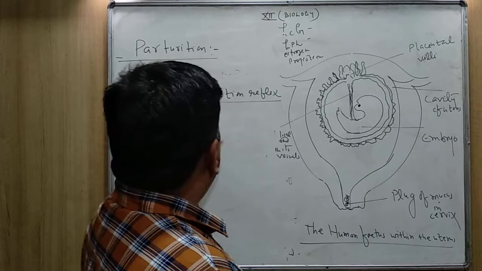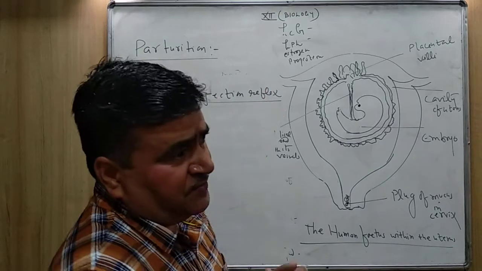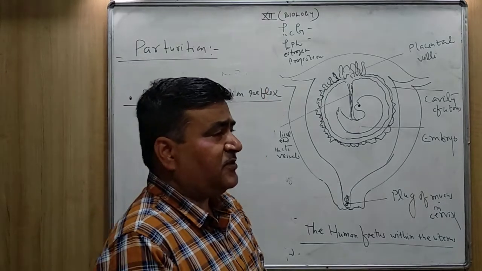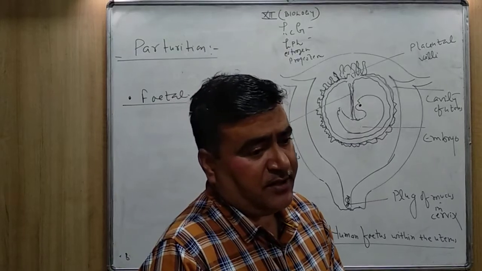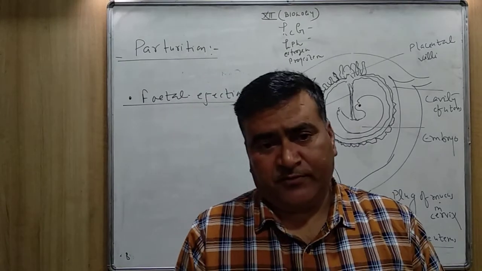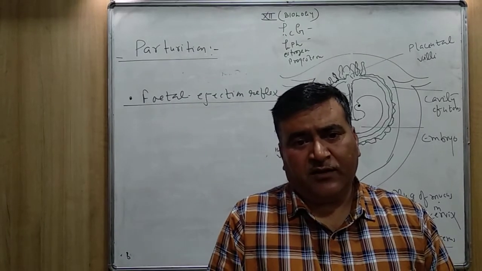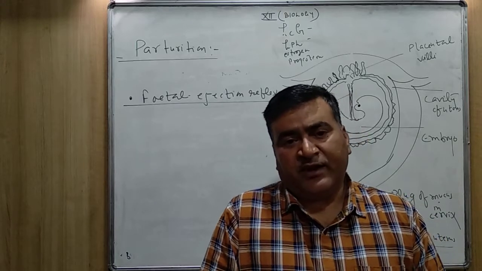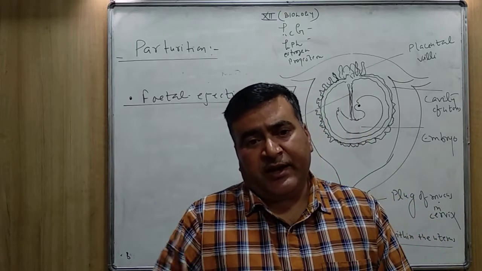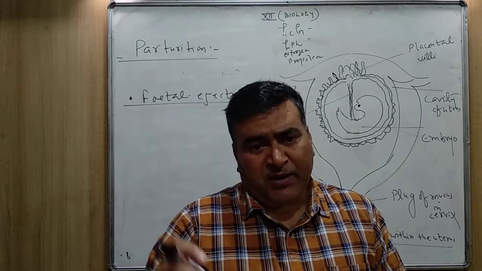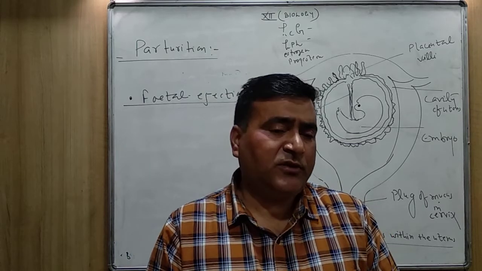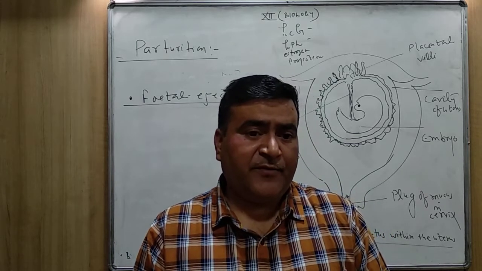Why is it said to be the fetal ejection reflex? Because oxytocin is a neurohormone. Oxytocin is secreted only when a nerve impulse goes to the pituitary gland.